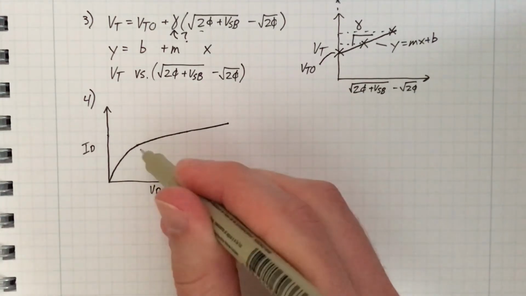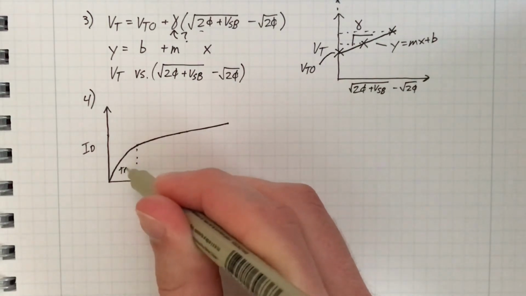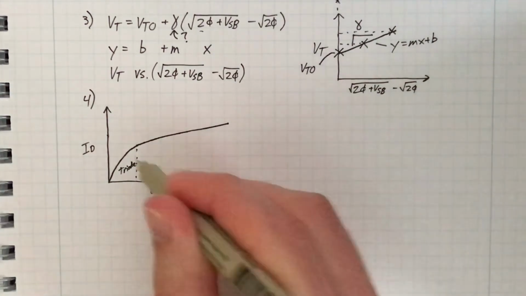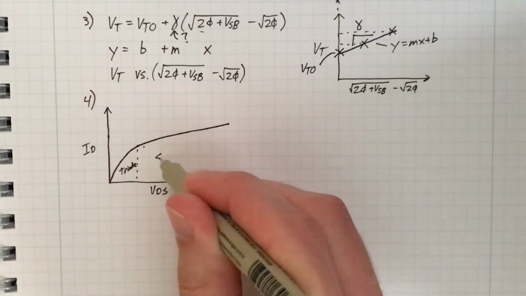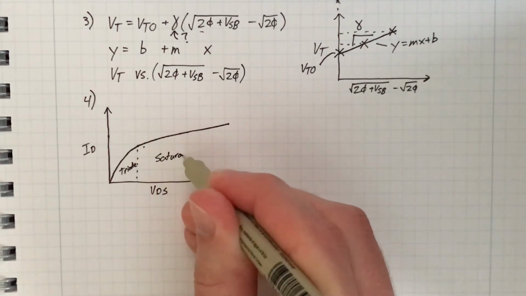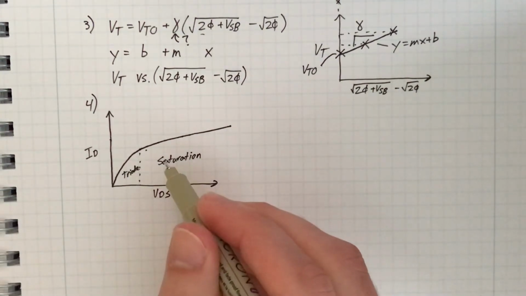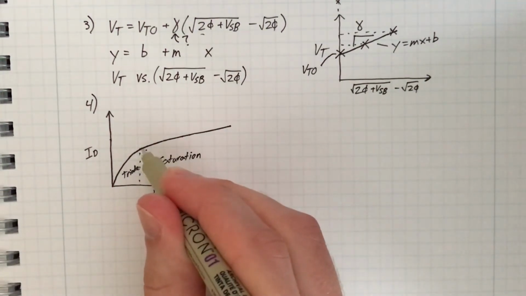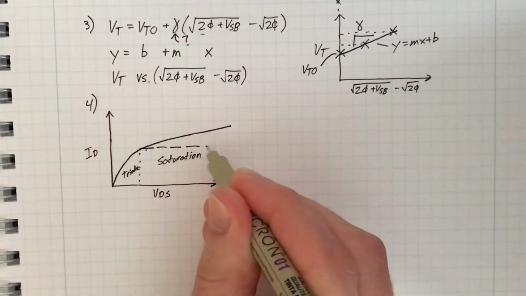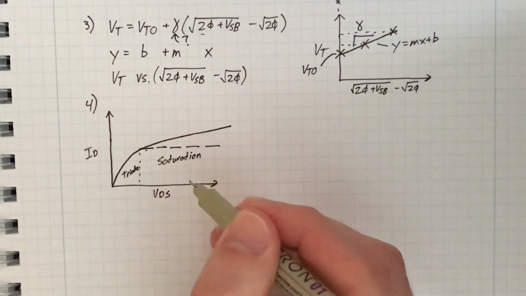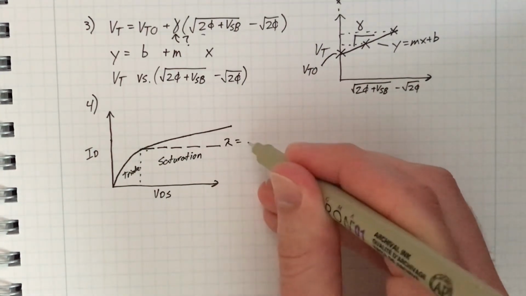Where in this region might be triode, and in this region we're in saturation. And ideally, once you get into saturation, this becomes a straight line here. That would be the absolute perfect scenario, in which case lambda equals 0.